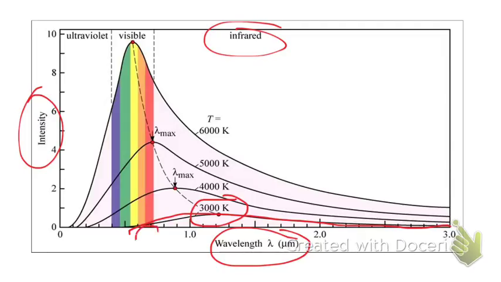There is a small sliver of red light being emitted, but most of it is infrared. And this peak right here is the highest intensity peak. So it's going to be the brightest part of the light that's coming off of there, and that brightest part of the light is infrared. All right, and so therefore we can't see any color really at 3,000 Kelvin.